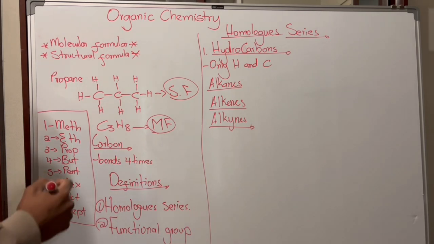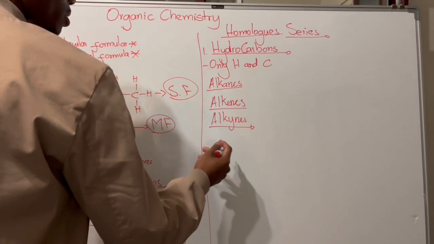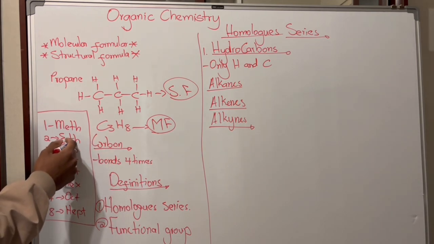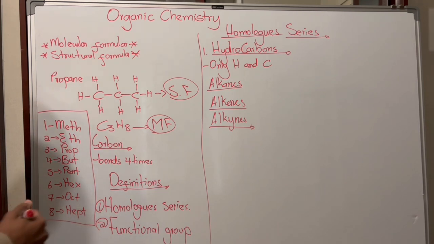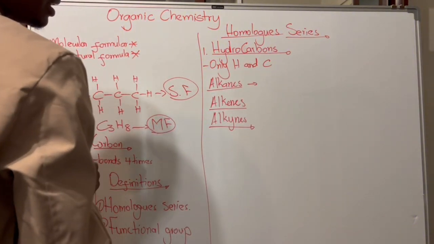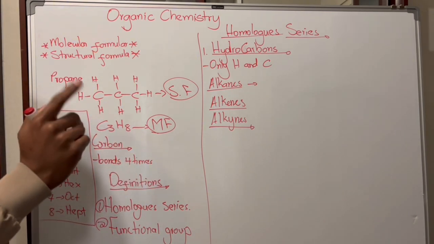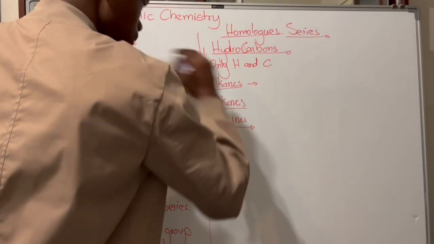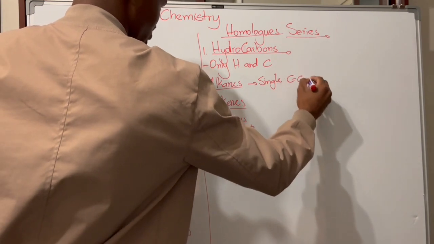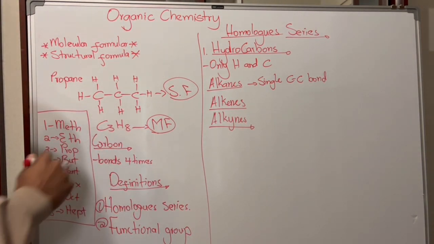For instance, if we take a compound with, again, maybe 2 carbon atoms, when drawing the structure, that particular compound will have 2 carbons and a single bond. So there's a single bond between two carbon atoms.